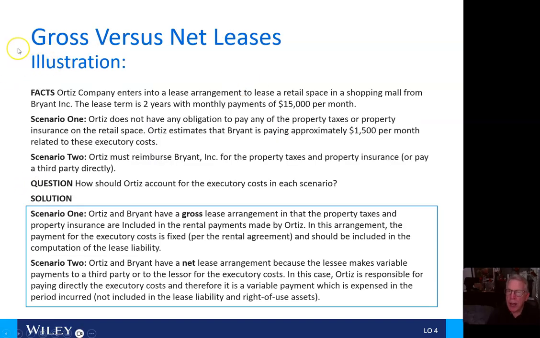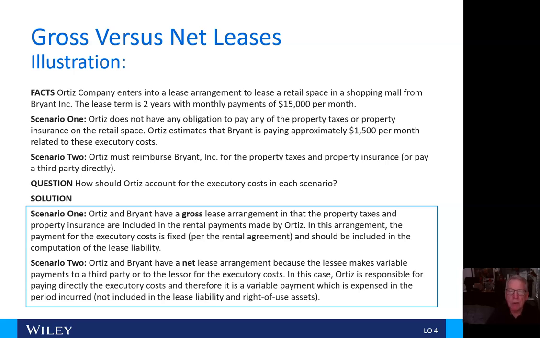Okay, let's look at the gross versus net leases illustration. Here, the Ortiz company enters into a lease arrangement to lease a retail space in a shopping mall from Bryant Incorporated. The lease term is 2 years with monthly payments of $15,000 per month. In scenario number 1, Ortiz does not have any obligation to pay any of the property taxes or property insurance on the retail space.